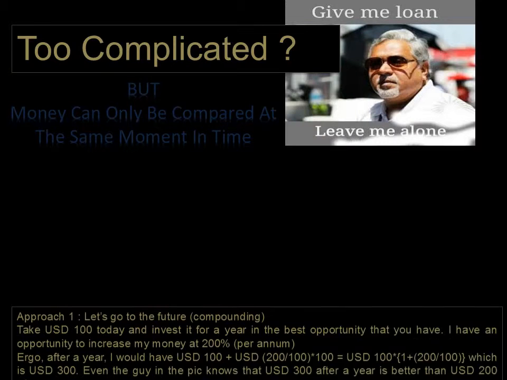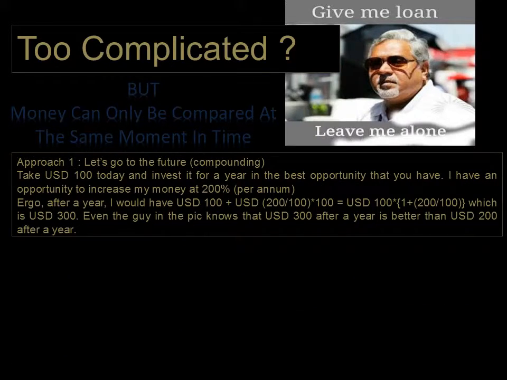Let's take the first approach. Let's travel to the future. This approach is called compounding. Let's say I take Donald Trump's offer of 100 American dollars. I invest it at 200%. Well, I have Jewish friends, so they make good money. I put my money with them. They give me 200% returns.